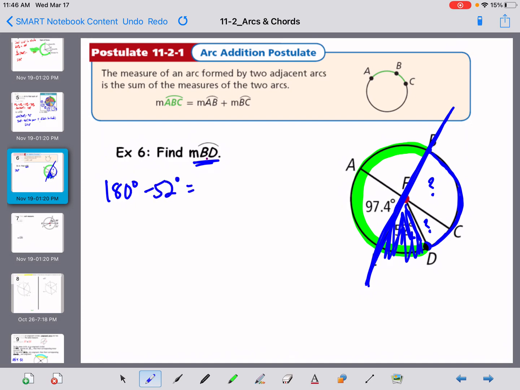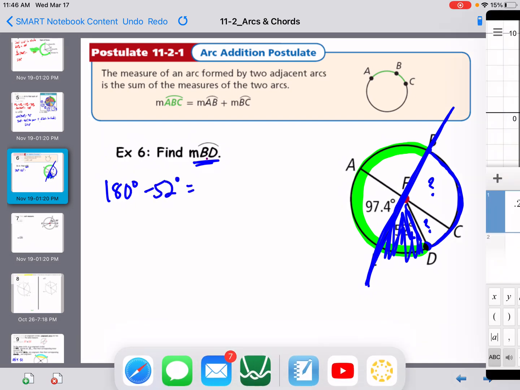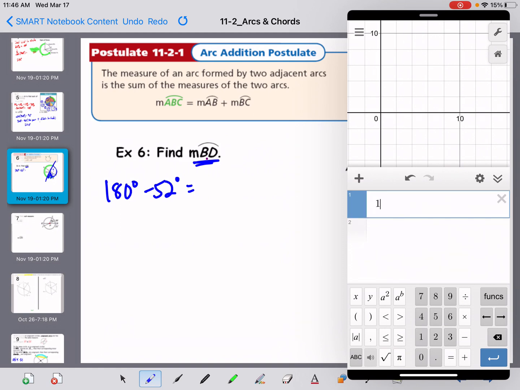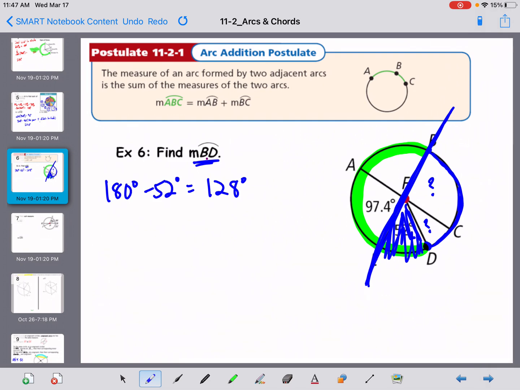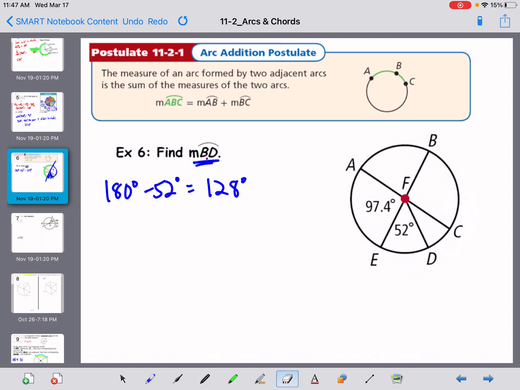Yeah, it would. So you got to look at what you have, and see what you can do with those numbers that you're given. I only had this information. I had to know that this is a diameter. It's obvious that it's a diameter, and so I know a diameter is 180.